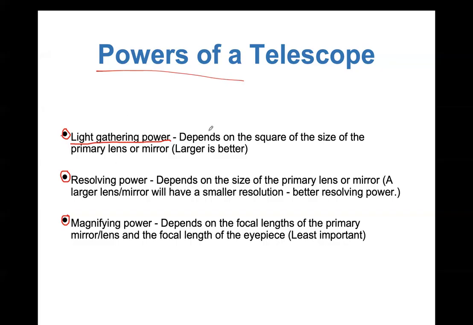What this means is how much light you are focusing on that single point. With a bigger mirror, or lens, because in both cases you're concentrating the light onto a single point, you can concentrate more light onto that point. And that means that you're making fainter objects brighter.